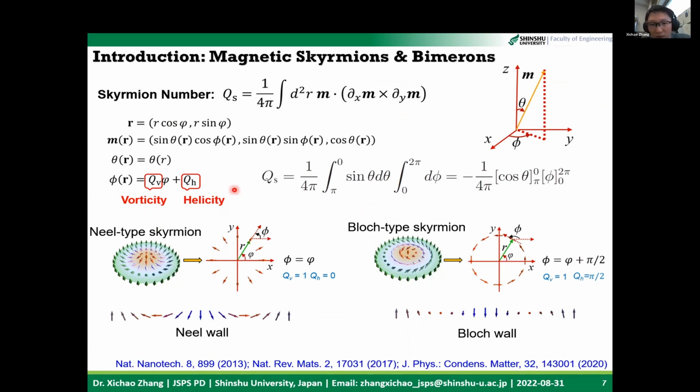Here, I don't go into the details, but the key point is that the vorticity and the helicity numbers can fully describe the relation between the spin orientation and the position of each spin for the spin texture. For example, you can see this Néel-type skyrmion and the Bloch-type skyrmion have the same vorticity and the skyrmion number, but their helicity is different.